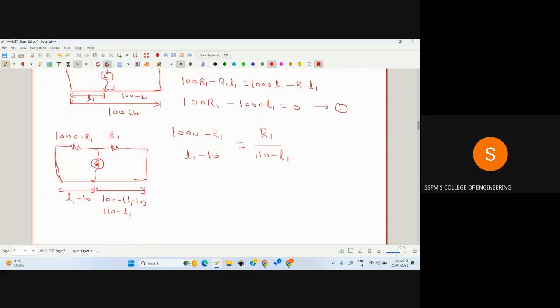We'll get 110 into 1000 gives 1 followed by 4 zeros, minus R1 into L1, minus 110 into R1, and plus R1 into L1. Sorry, not minus: minus R1 into minus L1 is plus R1 L1.